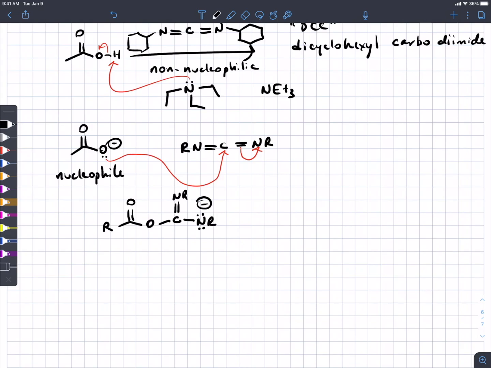And then this negatively charged nitrogen picks up a proton, probably from our triethylammonium molecule that we make when we deprotonate the carboxylic acid.